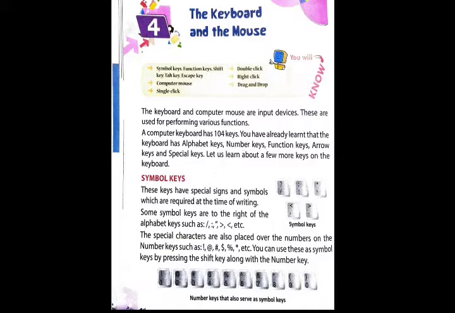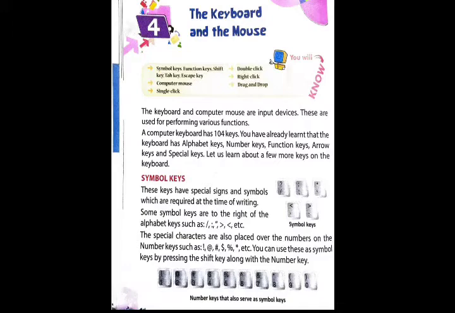The keyboard and the mouse, you already know about this. These are input devices. In a previous lesson we have already discussed the input devices, and these are used for performing various types of functions. A keyboard has 104 keys.